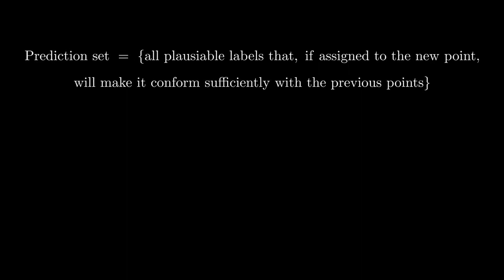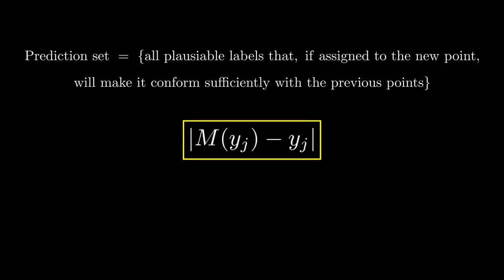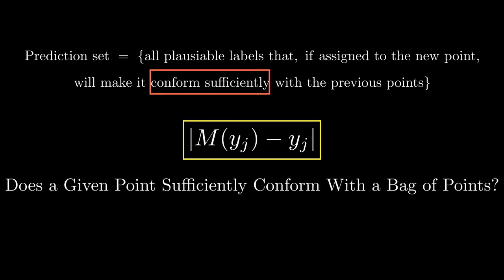Now that we are familiar with one way of measuring the non-conformity of a point with a bag of points, that is, using the absolute error, we are ready to make the second step towards the formal definition of conformal predictors: how to use the non-conformity measuring function to determine if a point is sufficiently conforming with a bag of points.